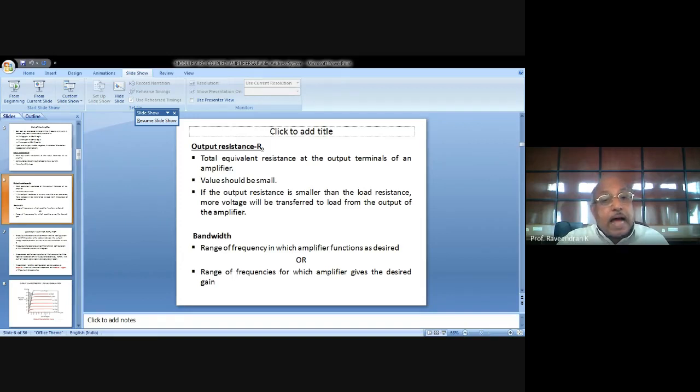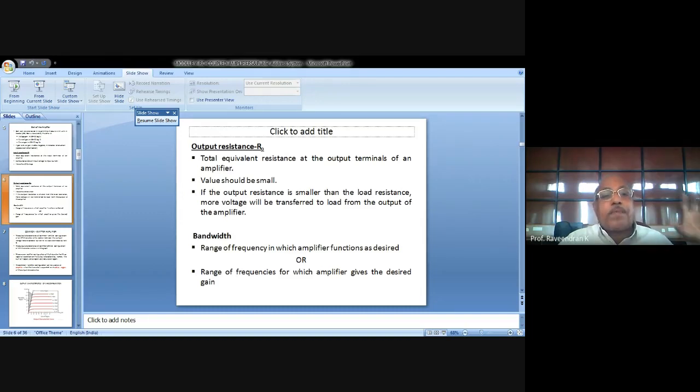These operating conditions are called the DC operating point, or DC quiescent point, or Q point. Whenever you hear that a transistor has a Q point, it means that is the operating condition of an amplifier when it is biased. Why should it be biased?